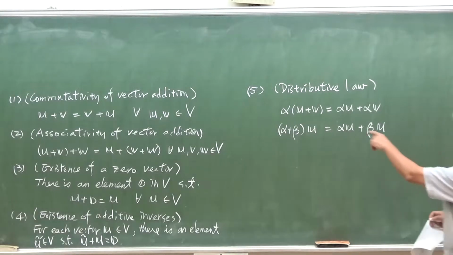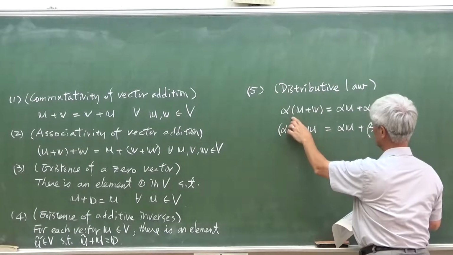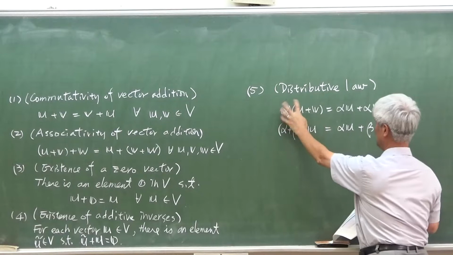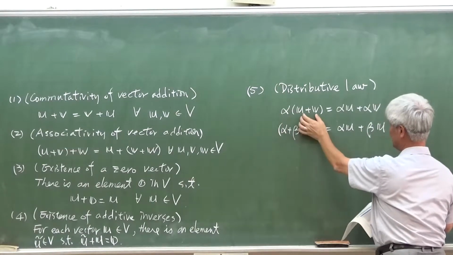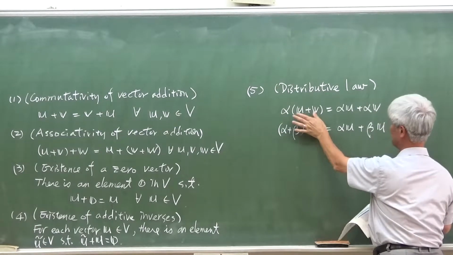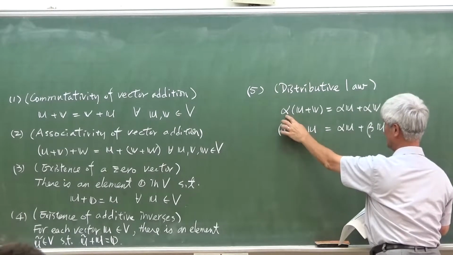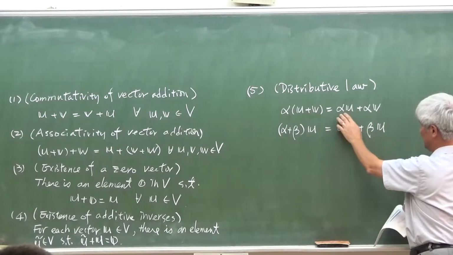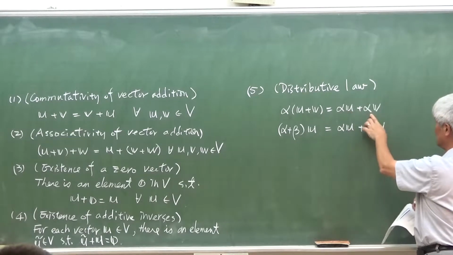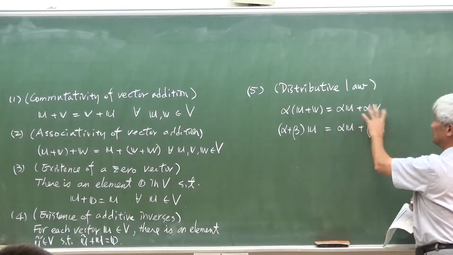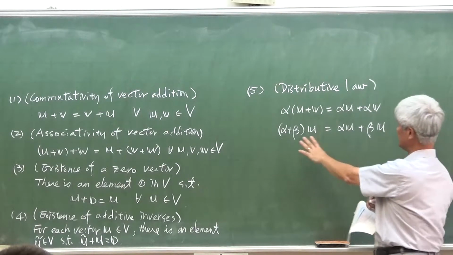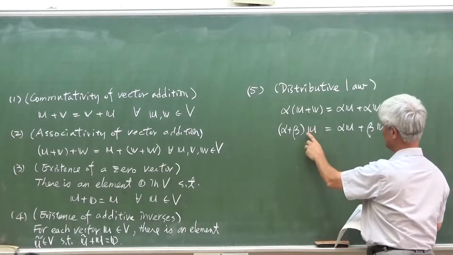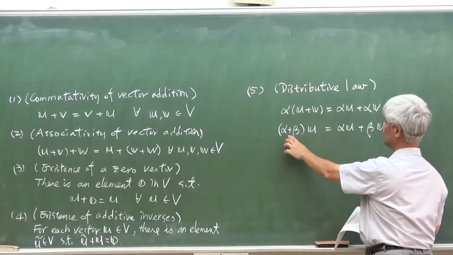So the scalar multiplication is distributed relative to the vector summation. You can first get the sum of u and v and take the scalar multiplication with the scalar alpha. The result will be the same as if you first take the scalar multiplication of alpha with u and of alpha with v, and add them together. The second version is about the scalar multiplication being distributed over scalar additions.